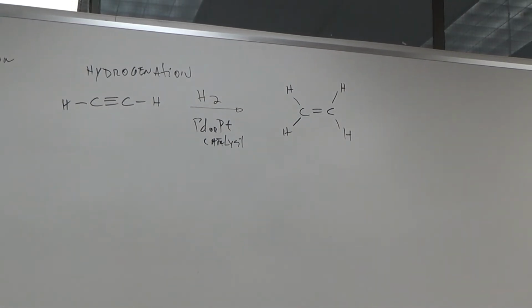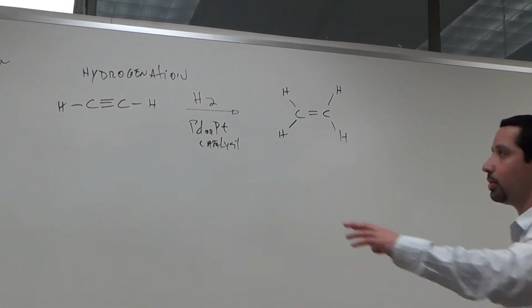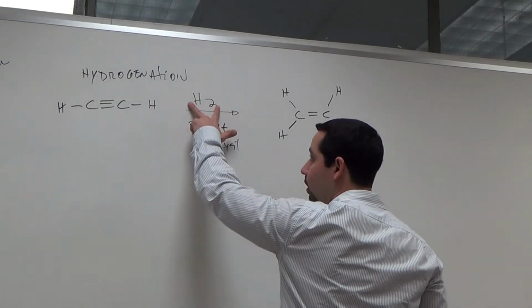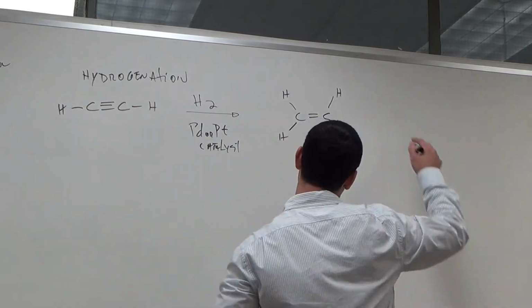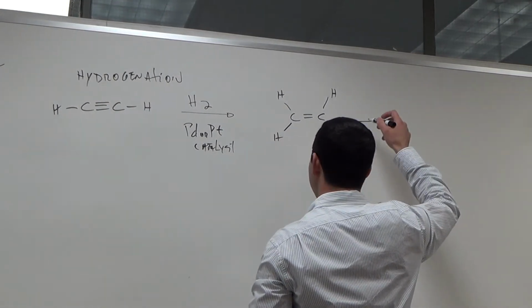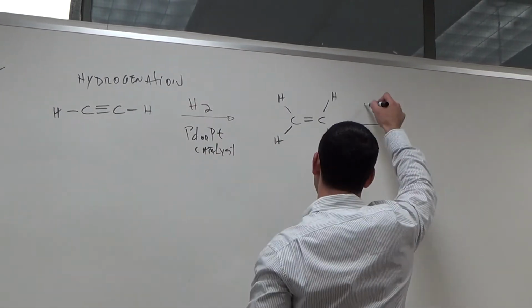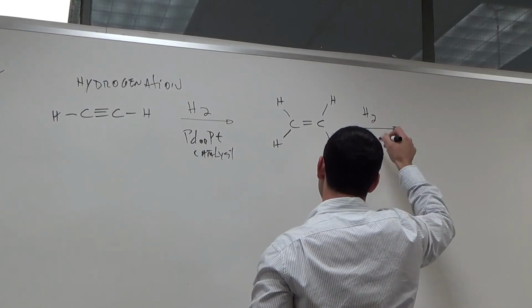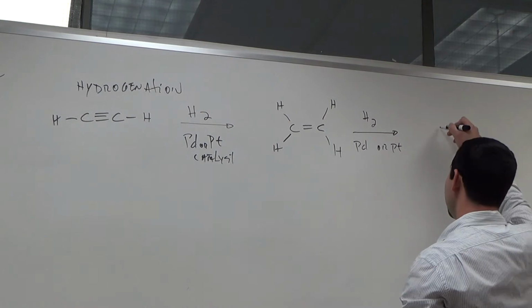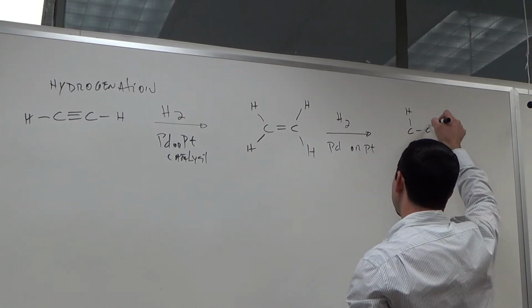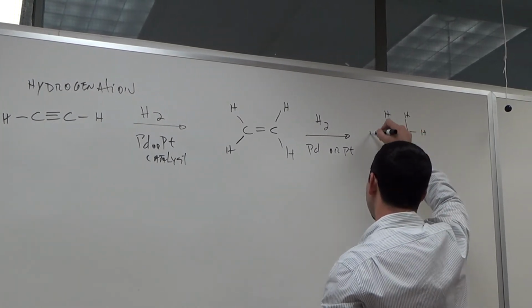Now, can the alkene still react with this? Yes. The alkene can still undergo hydrogenation. So, because there is still this in there, you are going to get a mixture of this stuff, which eventually is going to become an alkane.